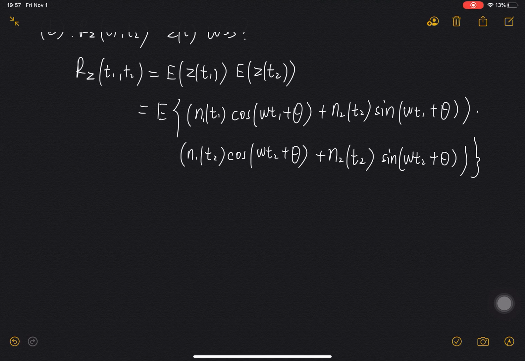And then when we open this parenthesis, we can have something like this. It's also very long.